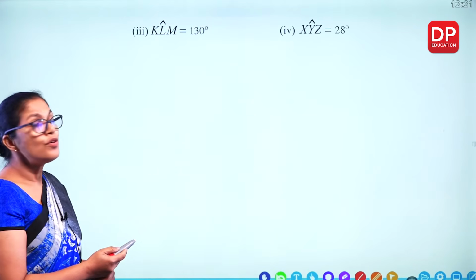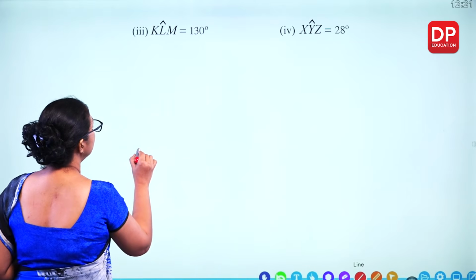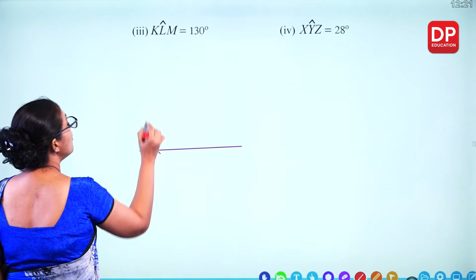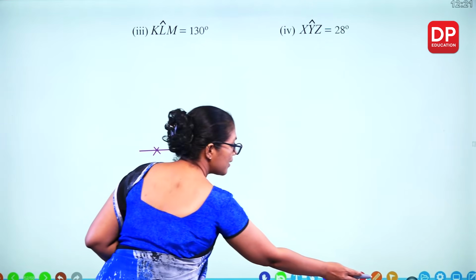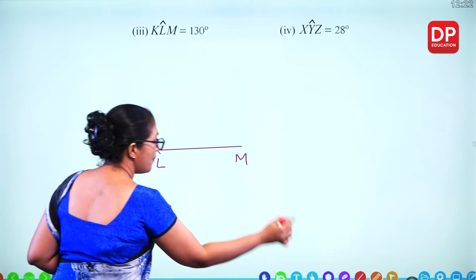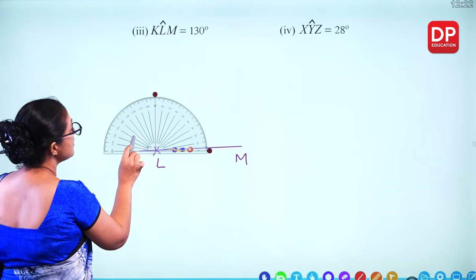Now we need to draw 130 degrees. Take the ruler and mark the point L now. L is the angle, LM. And take the protractor, measure 130 degrees.